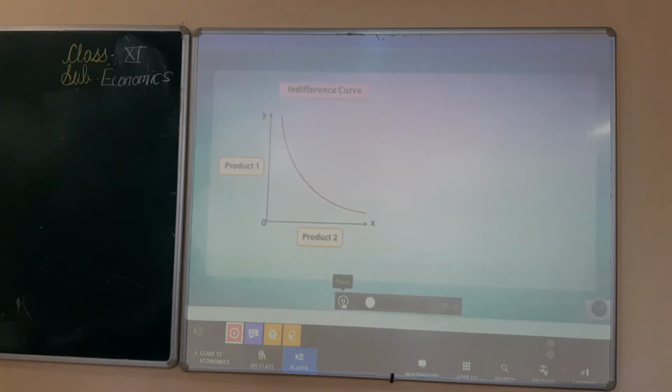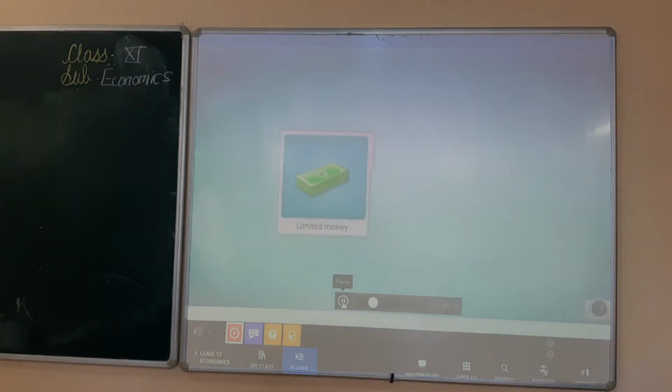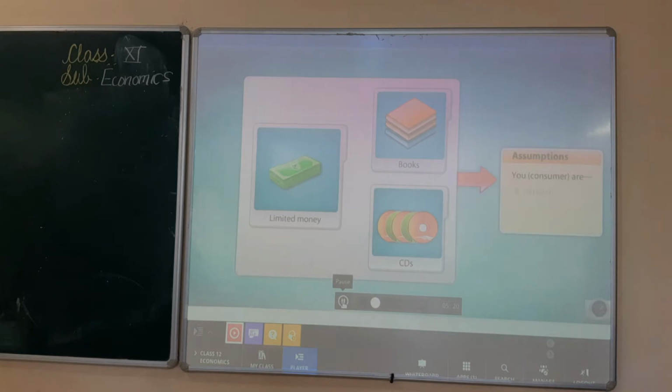The indifference curve is an analytical approach that shows consumer preferences in the context of two novel goods competing for a limited budget. For example, let's assume you have limited income or allowance money that you can spend on books and CDs in a month. We also assume you are a rational consumer who would like to spend your money for optimal gain, that you are not oversaturated with either books or CDs, and that your tastes in books and CDs are largely consistent.